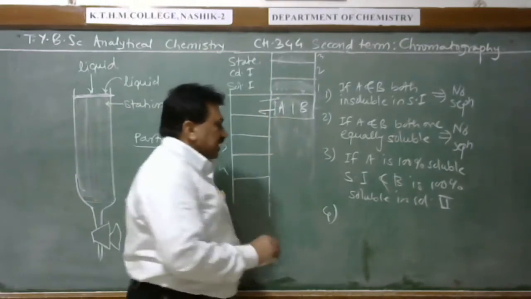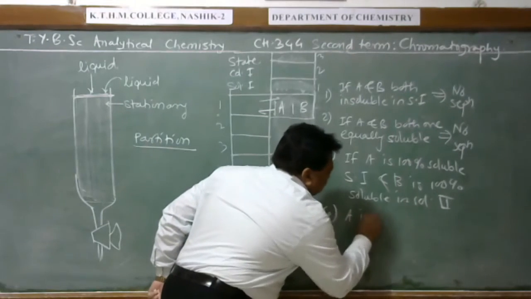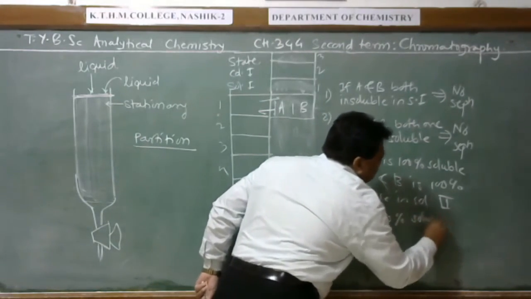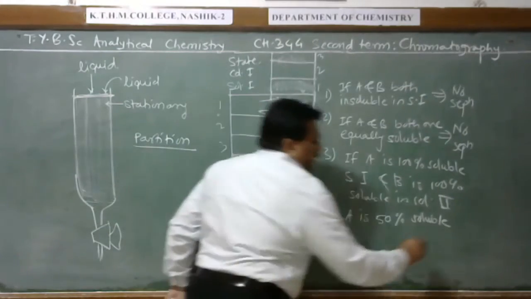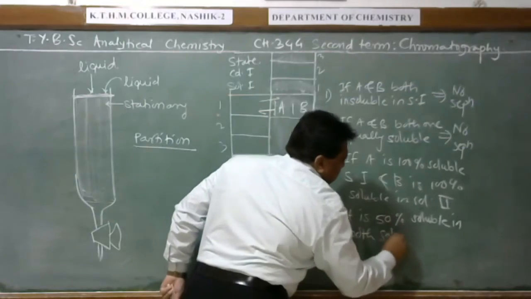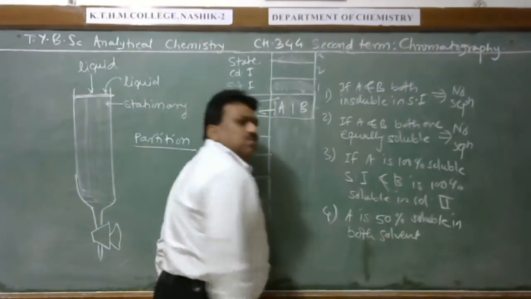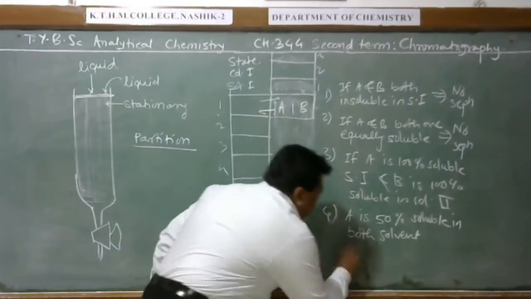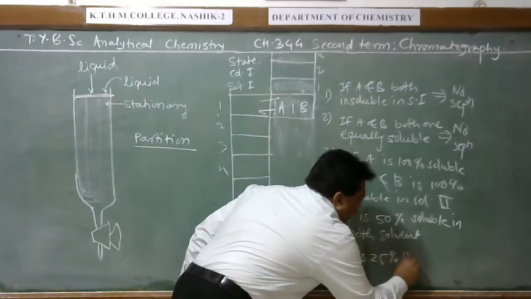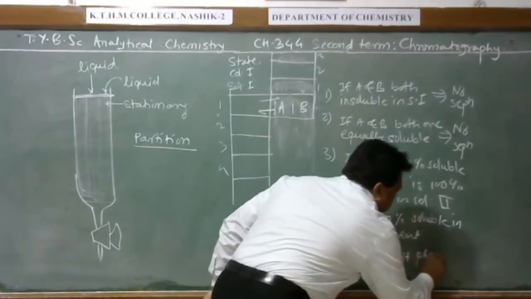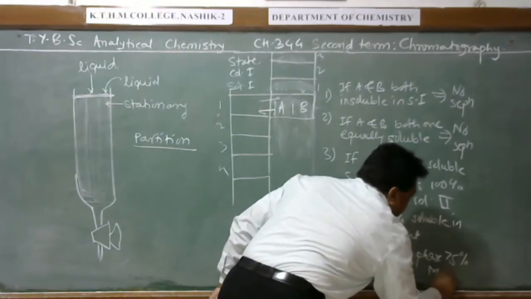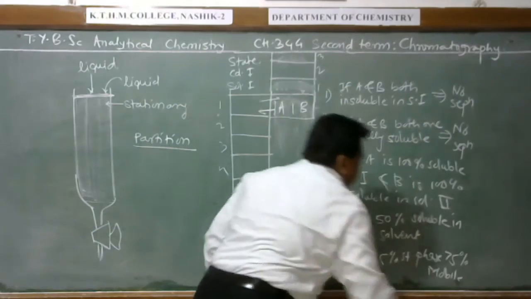Therefore we assume a condition that A is 50% soluble in both solvents, that means stationary phase as well as mobile phase, and B is 25% soluble in stationary phase and 75% soluble in mobile phase, that means in solvent second.